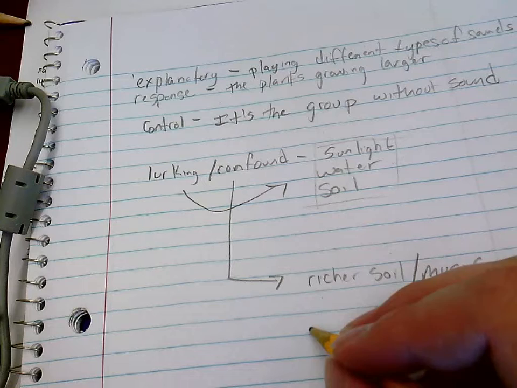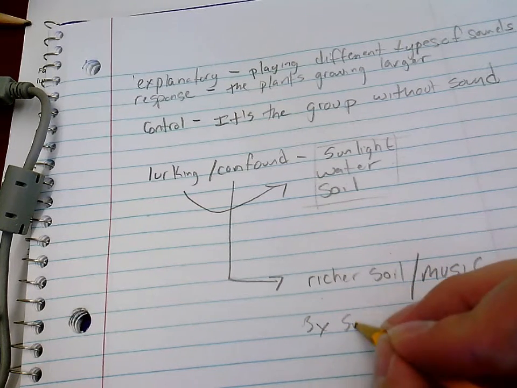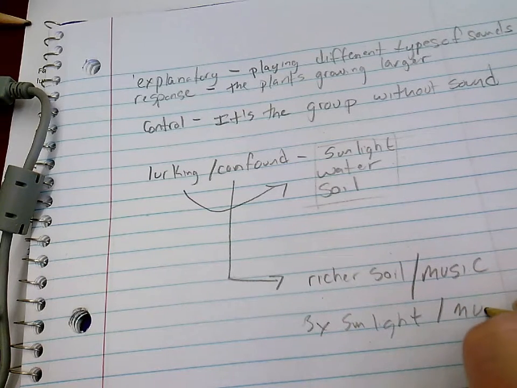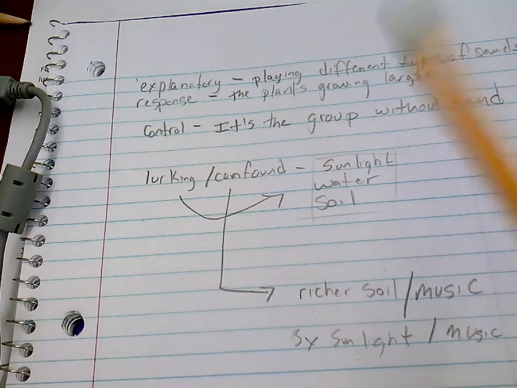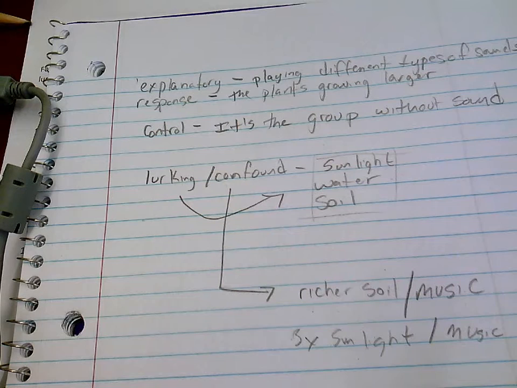Or what if we put 3 times sunlight? If we add in a variable beyond the one that we're testing, so essentially we add in a second explanatory variable, that's what confounding means. You are screwing up the experiment because you're not able to figure out which of those two things is actually changing the size of the plant, okay?